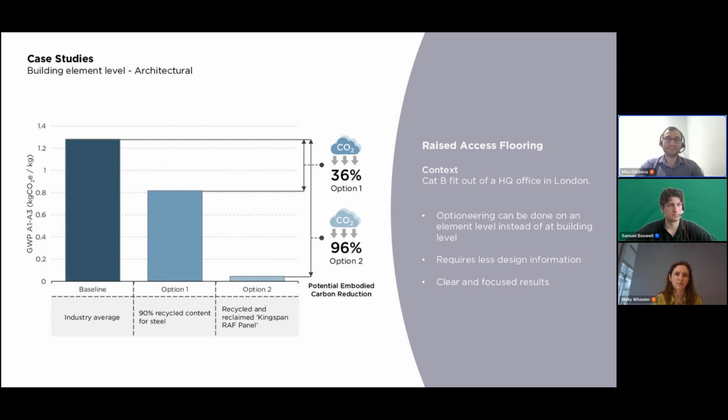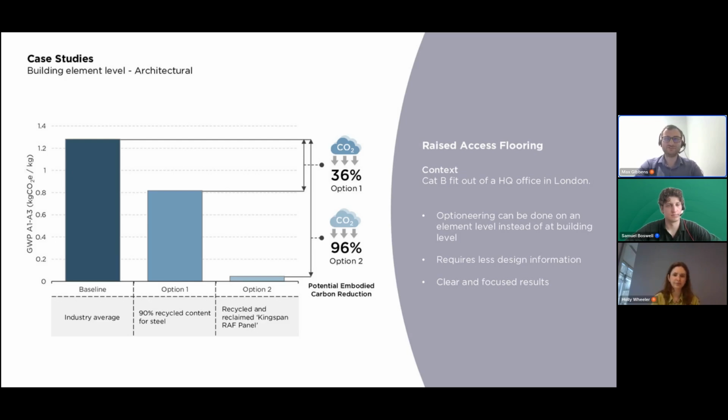What we're seeing here is that the market for fit out is really looking at whether you can retain from the existing building, or procure upfront from refurbishers, where there's a very hot demand at the moment, or for new raised access floor with different materials. You can then demonstrate what would happen if you took an average one and put in those factors. For option 1, you can see the recycled content, and for option 2, you've got a recycled and reclaimed panel.